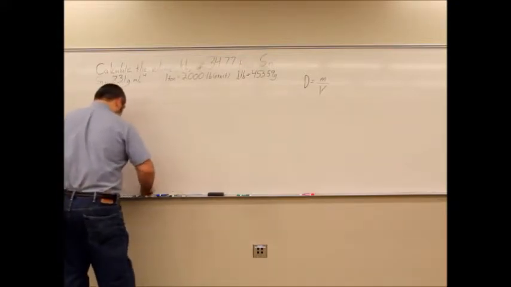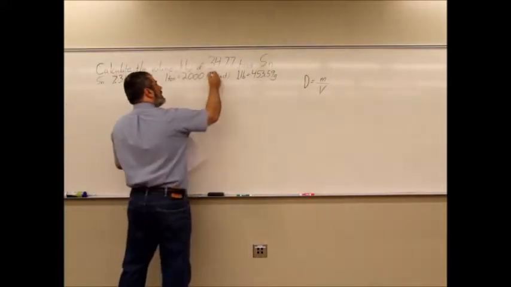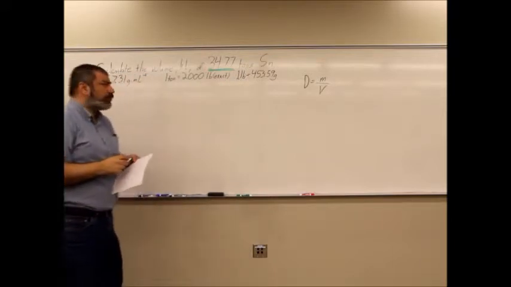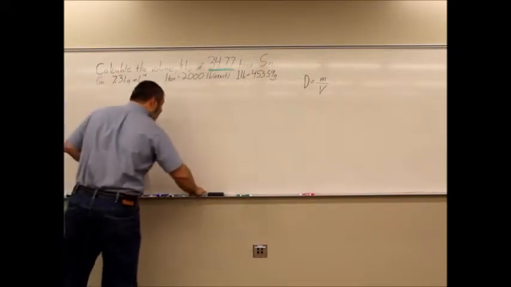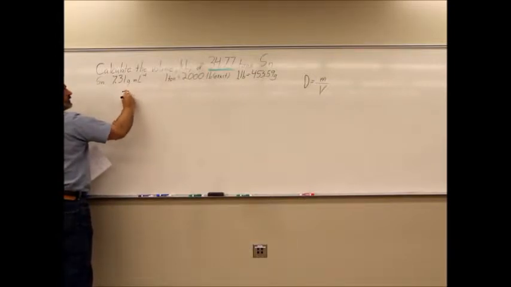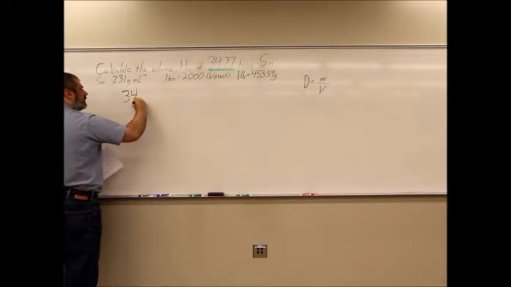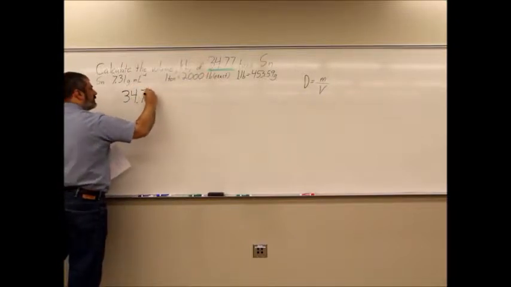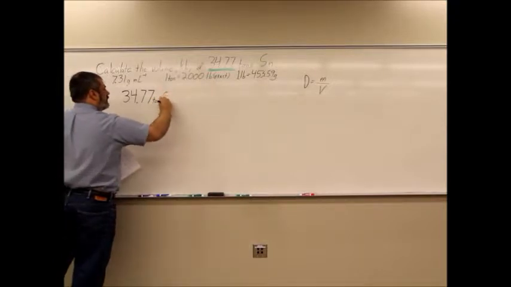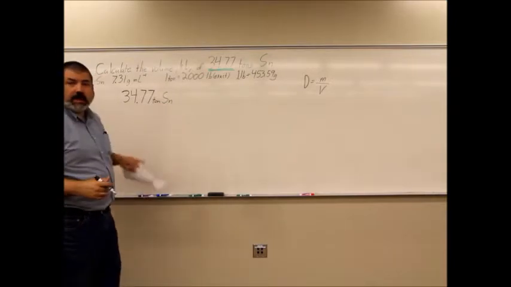So here's what we're going to do. We were given density, and that's all fine and good, but the information that we really start with is the 34.77 tons of the tin. You can write the word tin or use the elemental symbol.